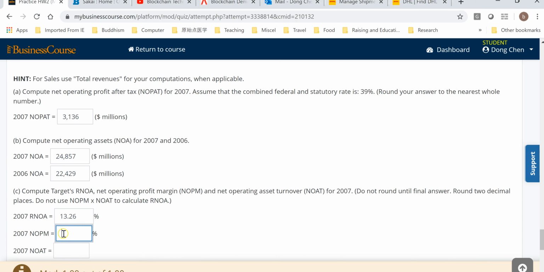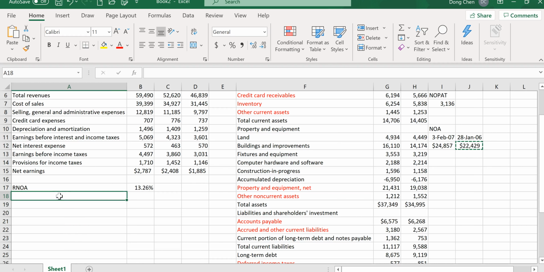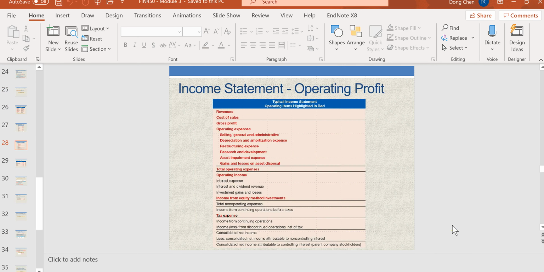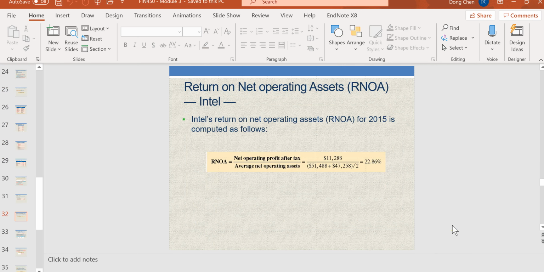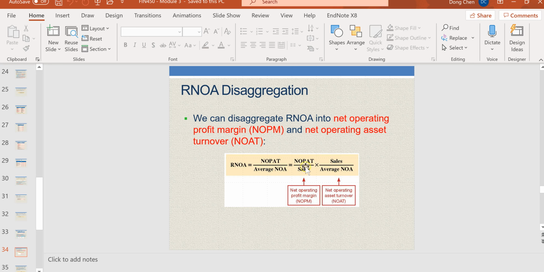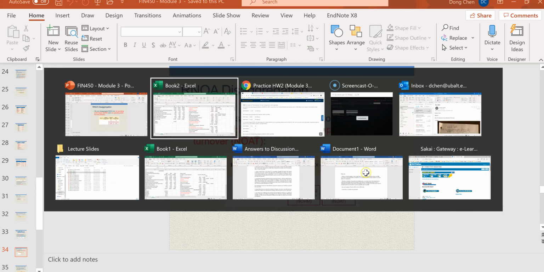And net operating profit margin, NOPM. If we go back to our lecture slides, this equals the net operating profit after tax divided by total sales, and then times the net operating asset turnover, which is defined to be the sales divided by average NOA.